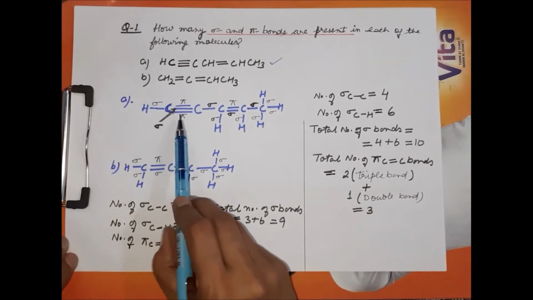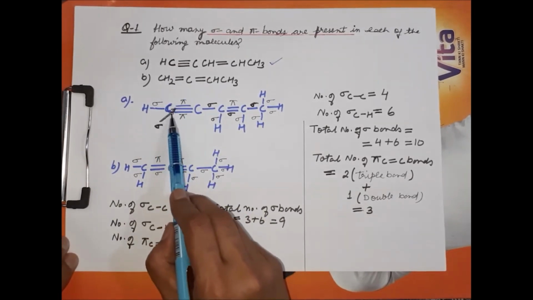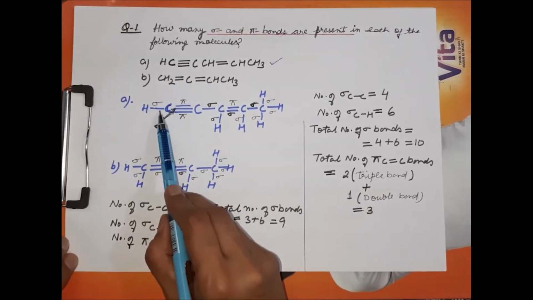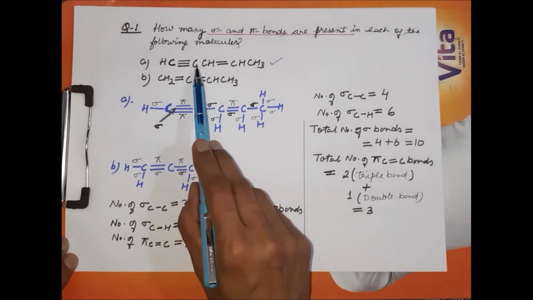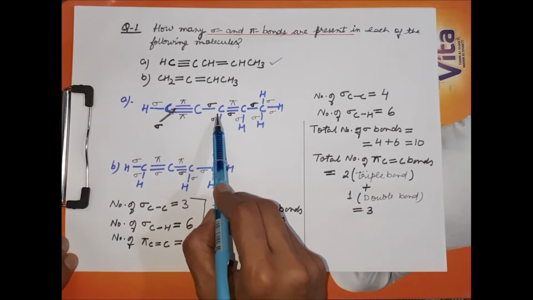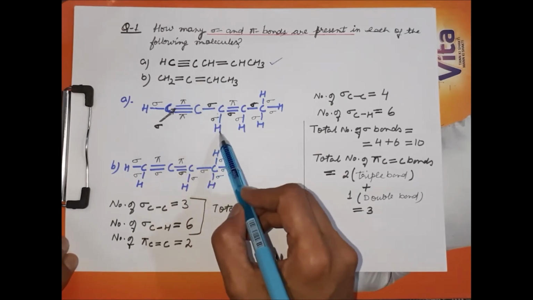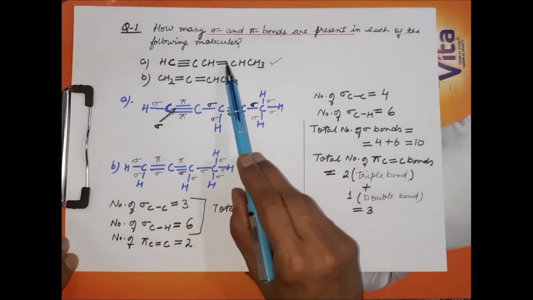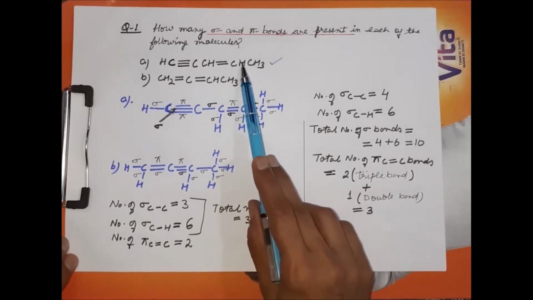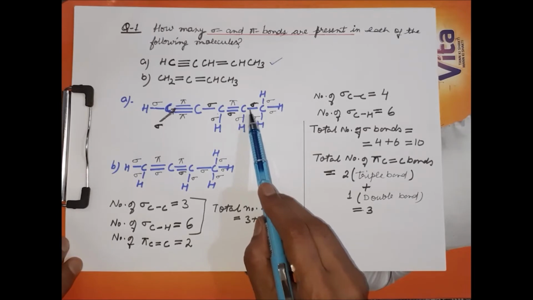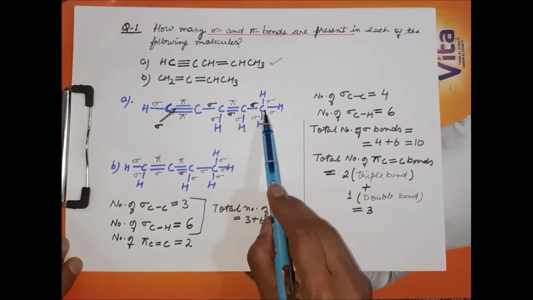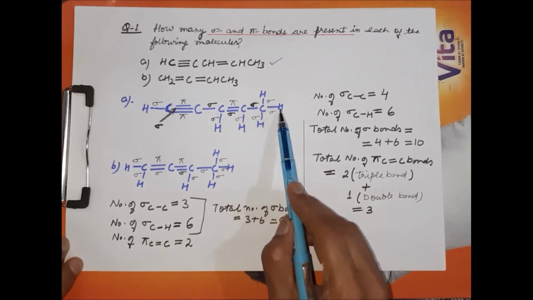I have written it like this: these two carbons, this hydrogen I have written like this, then this bond between both these carbon atoms is a single bond, this carbon with 1 hydrogen, this double bond here, this carbon with 1 hydrogen, and this bond between these two carbons, CH3, 1, 2, 3.